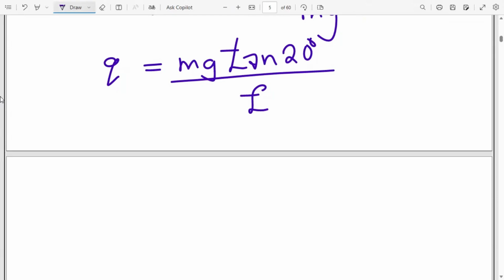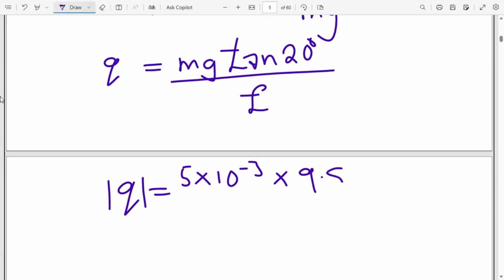So our Q magnitude will be equal to the mass, which is 5 times 10 to the power minus 3 kilograms, multiplied by gravity, which is 9.8, and tan 20 degrees, divided by 100,000.